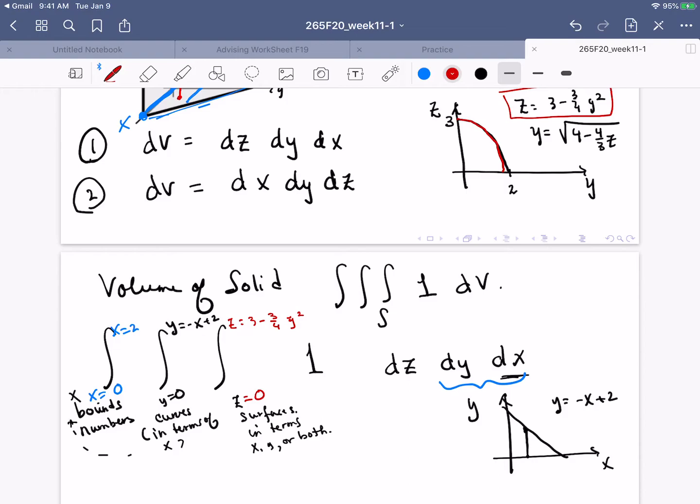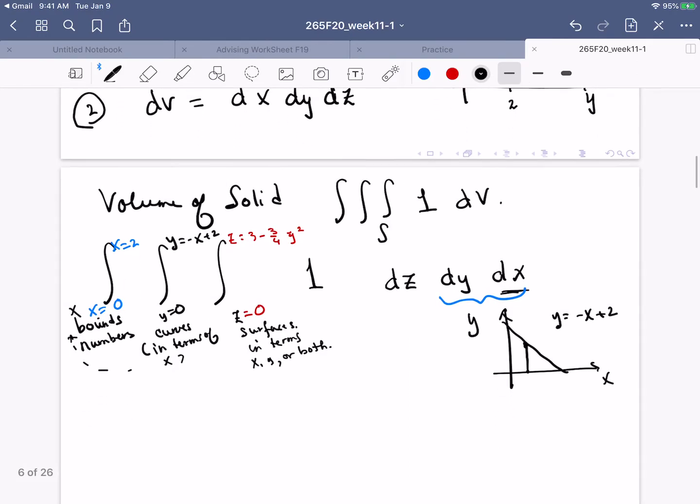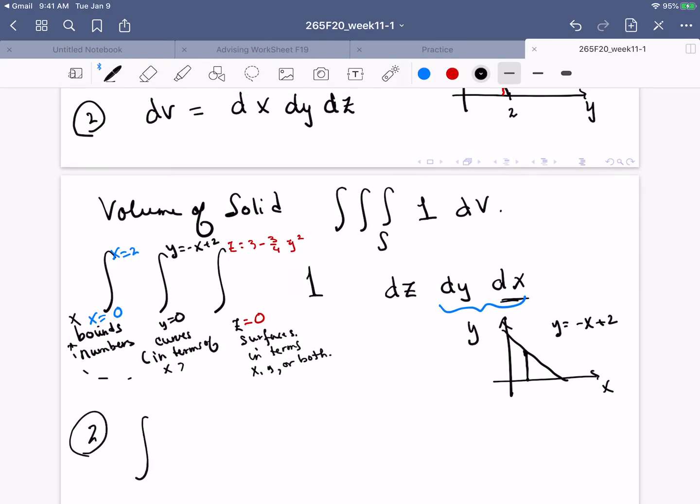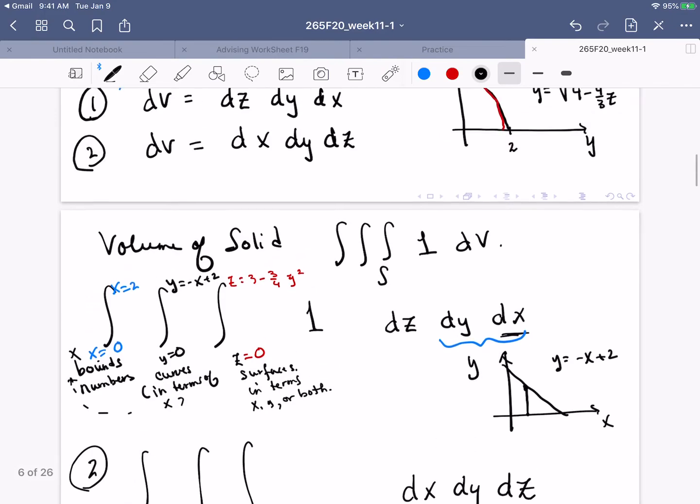Okay. A second way we can do this is look at the triple integral with dx, dy, dz. Again, z is the outermost bound, and then y, and then x, working outside in. So z has to be numbers.